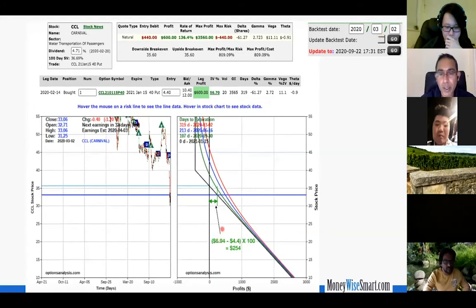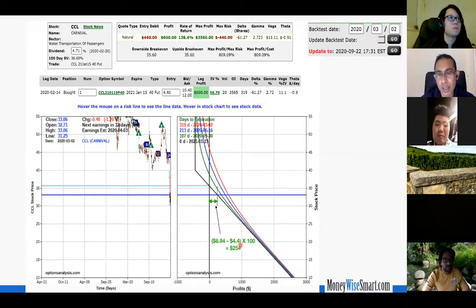So you see the intrinsic value of this particular option was $6.94, right? That we had calculated. $40 is my right to sell, and share price is 33.06. So 6.94 is the intrinsic value, which is this length. And I had paid $4.40 for the option.